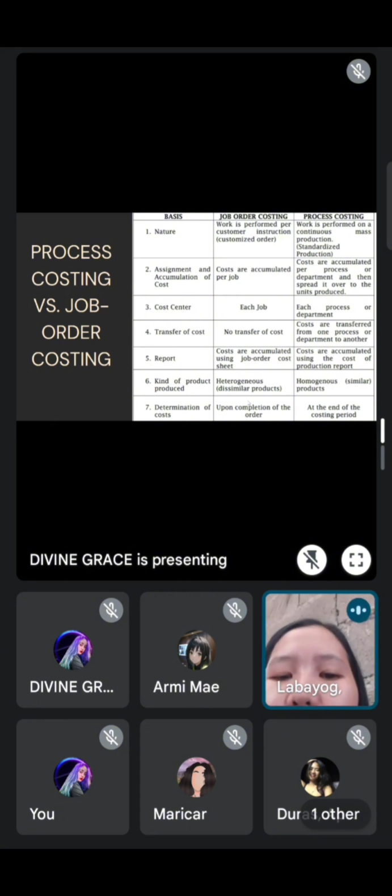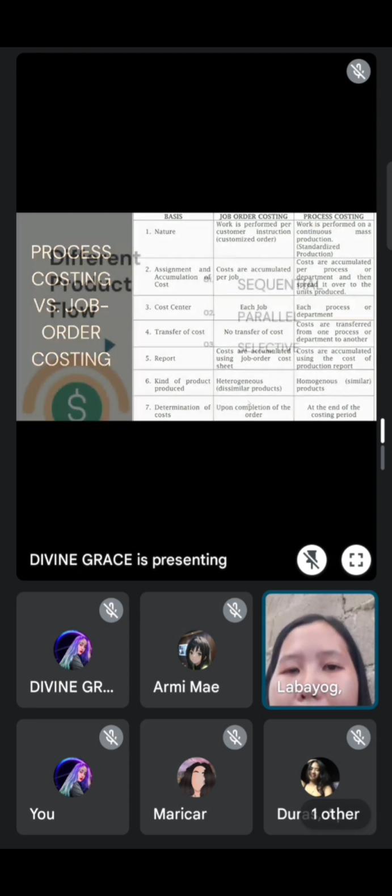In kind of product produced, in job order costing, heterogeneous or dissimilar products. And in process costing naman, homogeneous or similar products. Then lastly, in determination of cost, in job order costing upon completion of the order, while in process costing naman is at the end of the costing period.